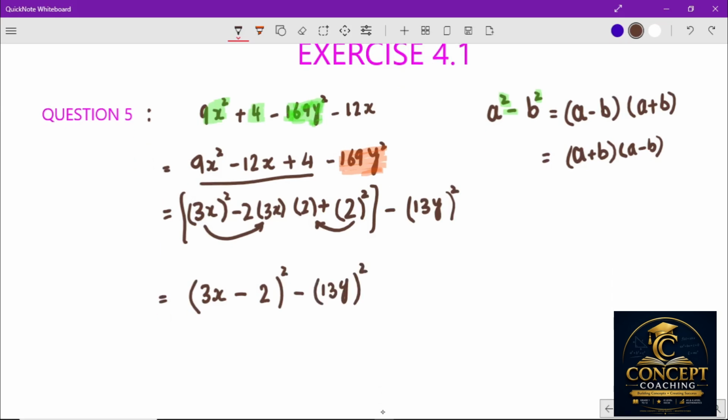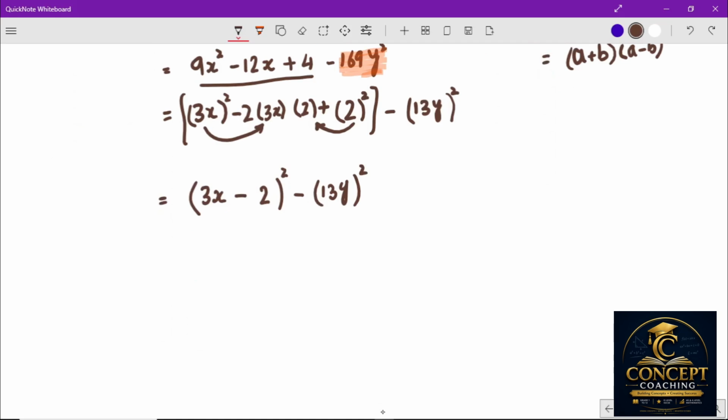Now this is of the form of a square minus b square. So first of all we will add and then we will subtract. What is written inside the bracket, we will write those values.